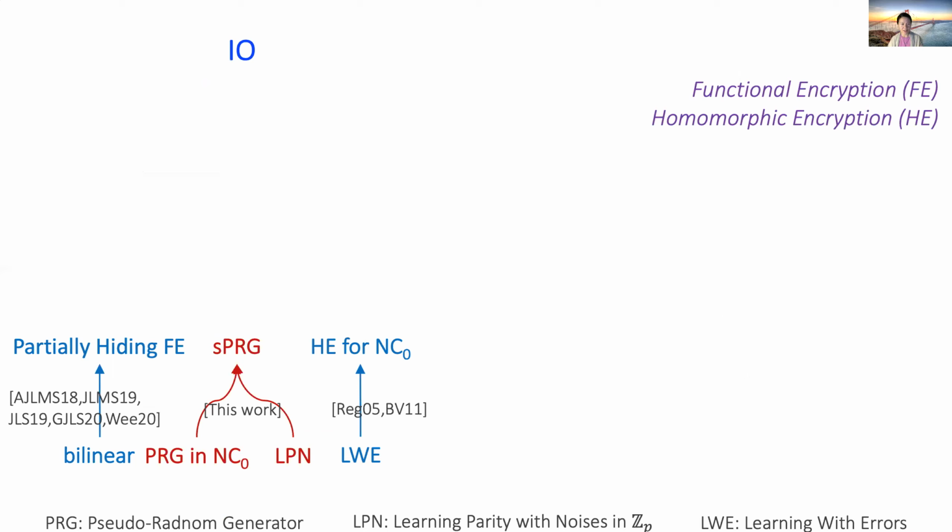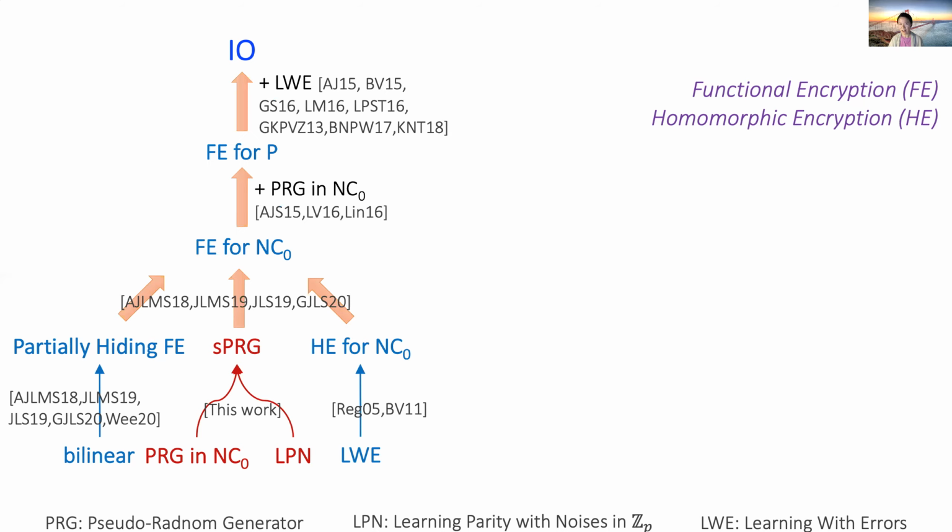These three intermediate tools together will allow us to construct a primitive called functional encryption for computing NC0 functions. Functional encryption turns out to be a very powerful primitive that is essentially equivalent to I/O.